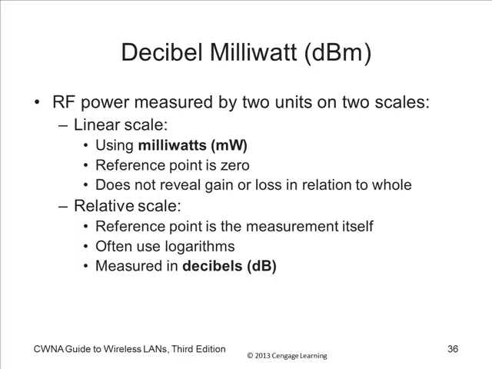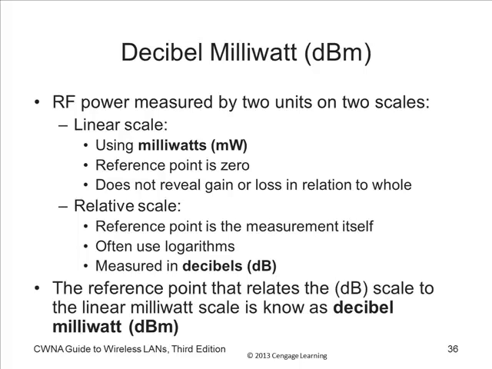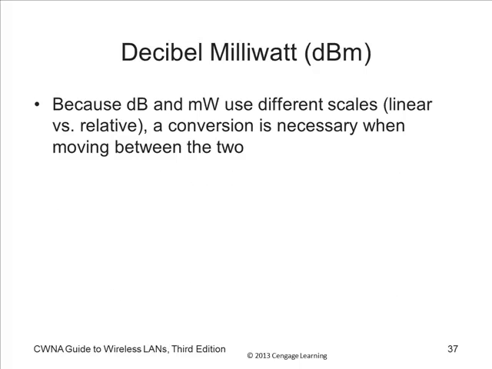The reason we use this is because the signals on the access points are so small that they become unwieldy if you're trying to use watts themselves. There's going to be a chart here in a minute that will show that. Because the dB and the milliwatt use different scales, linear versus relative, a conversion is necessary when we move between the two.